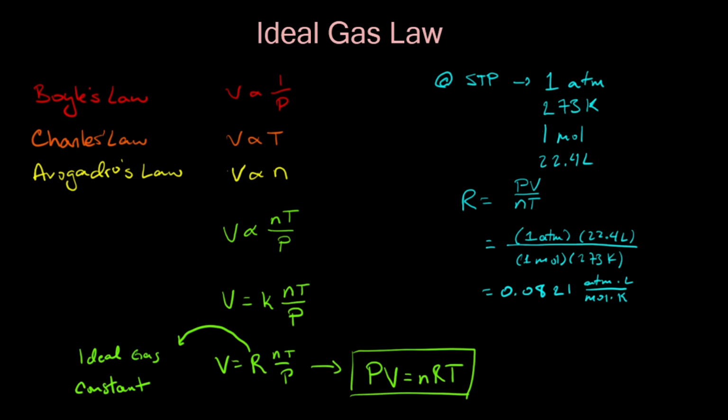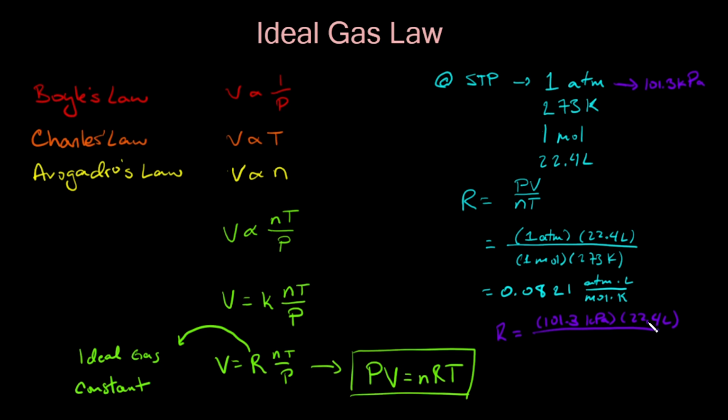Now let's change this up a bit, and instead of doing it with atmospheres, let's change it to kilopascals. So it's approximately 101.3 kilopascals. And if I were to solve for R this way, most of my problem stays the same, except instead of 1 atmosphere, I have 101.3 kilopascals times 22.4 liters.